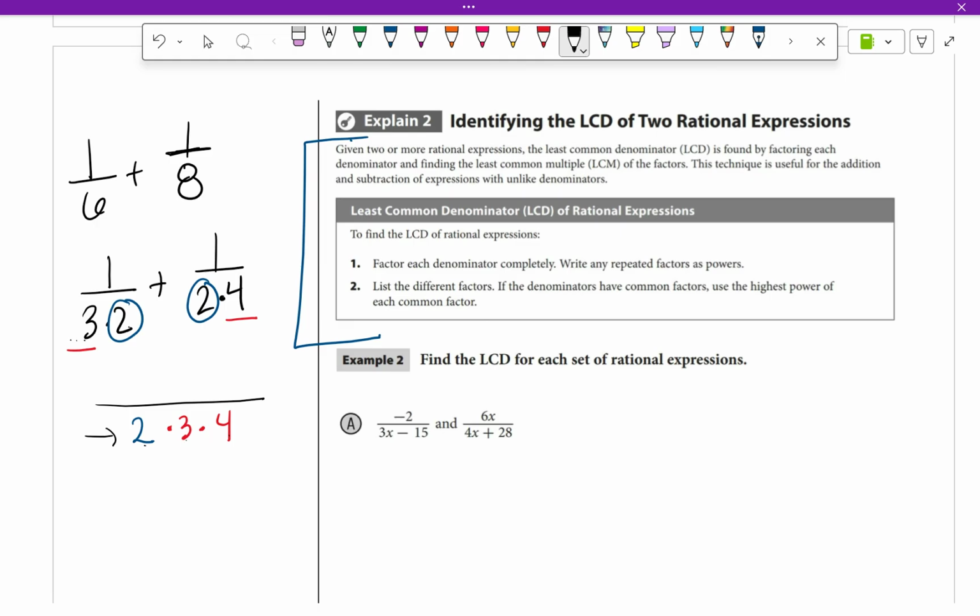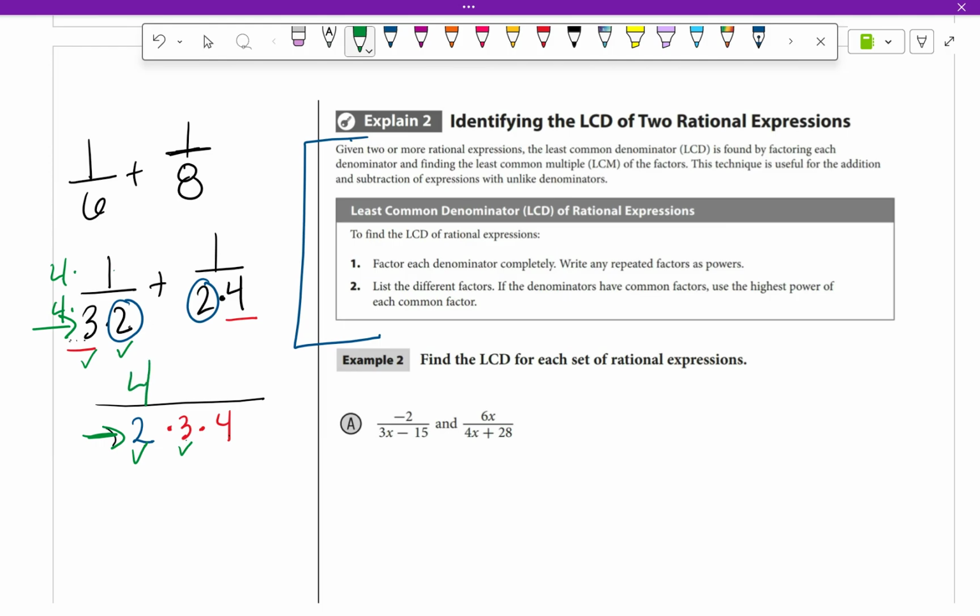What's missing out of this one compared to this one? I've got a 3, got a 2. What's missing? 4. So that's what I need to multiply top and bottom by to get an equivalent fraction.